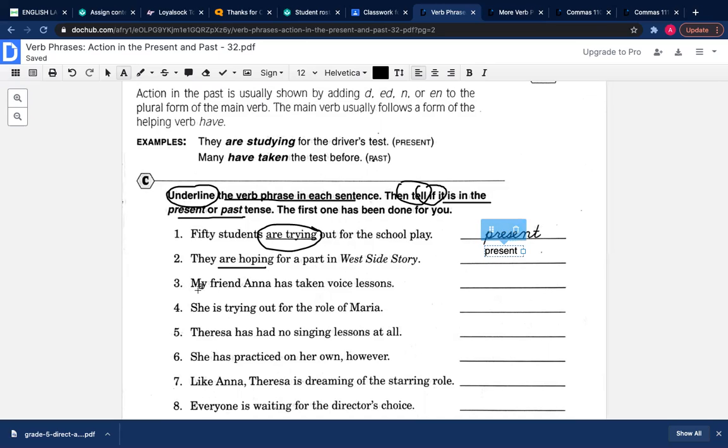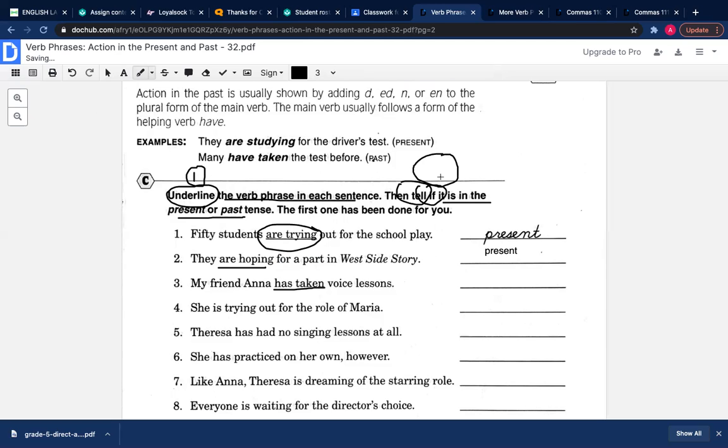Let's try one more. My friend Anna has taken voice lessons. Okay, our subject is my friend Anna. What has Anna done? Well, she has taken voice lessons. Has taken is our verb phrase that we need to underline in the sentence. Remember, that's our first step, is to underline the verb phrase. Then we write it on the line.